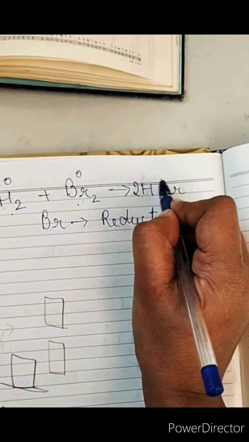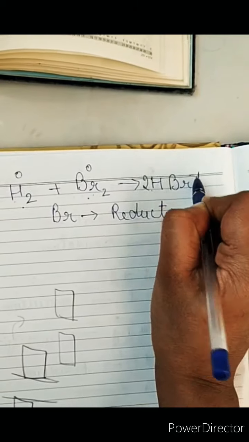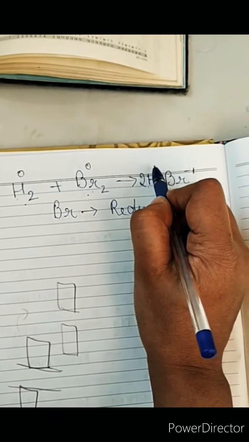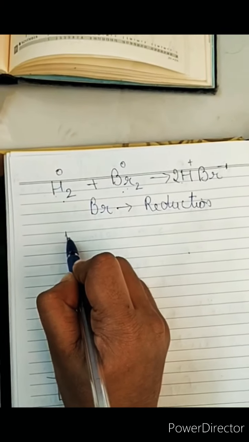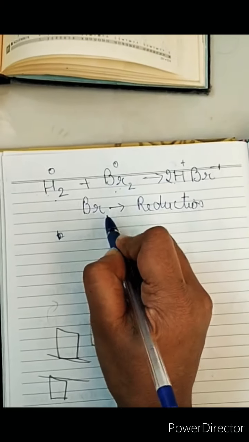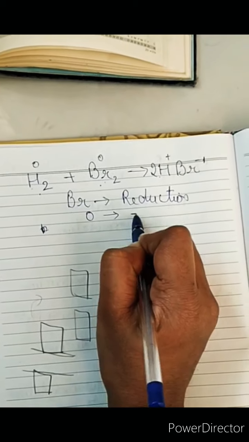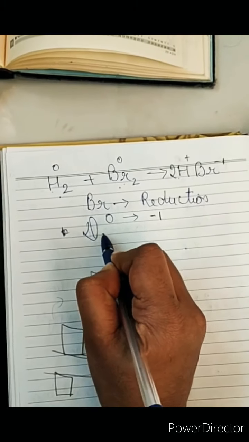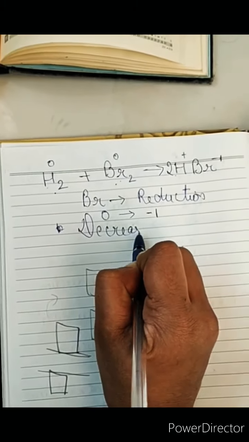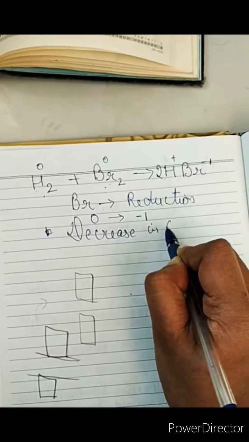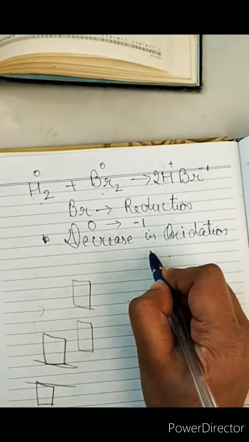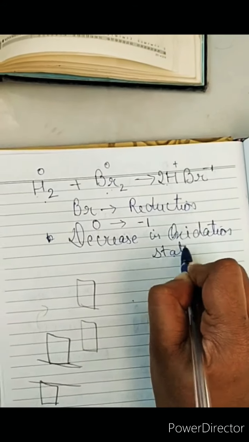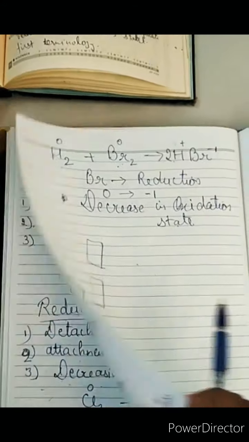After the reaction this becomes negative and this becomes positive, right? So look, bromine goes from 0 to negative, so there is a decrease in oxidation state.